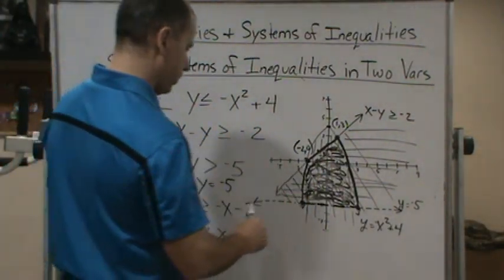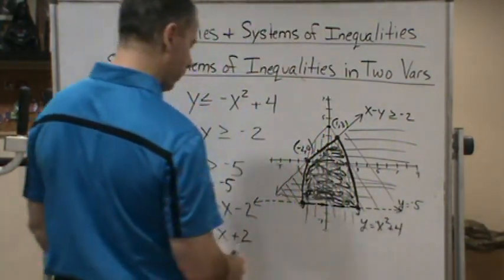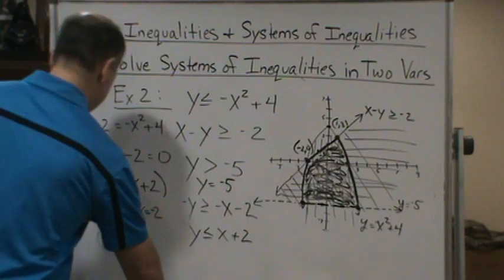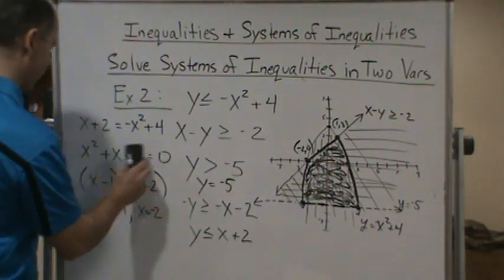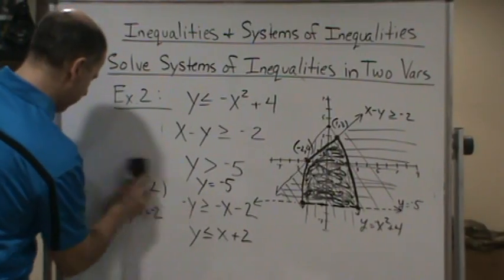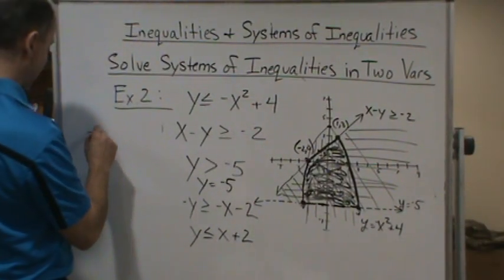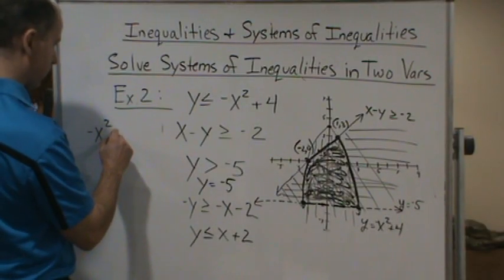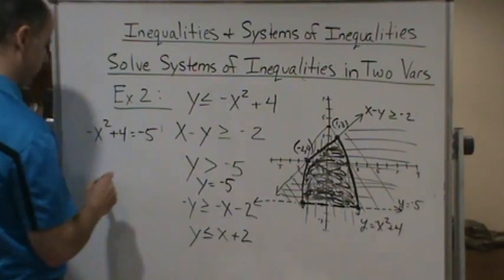And now what we're going to do is set the parabola equal to the constant. We're going to set it equal to -5, and we'll find out where it's equal to -5, right? So we'll get 2 points here as well. Okay, so let's do that. So we're going to set -x² plus 4 equal to -5.